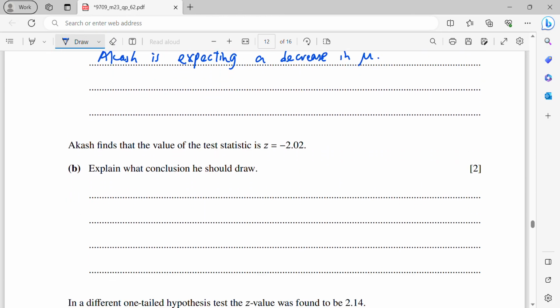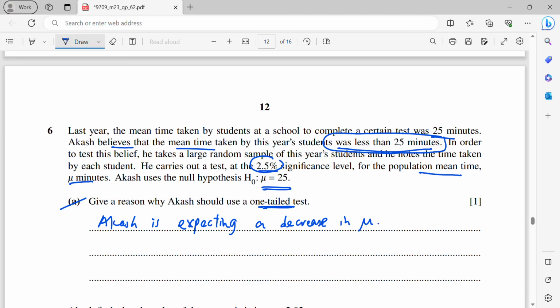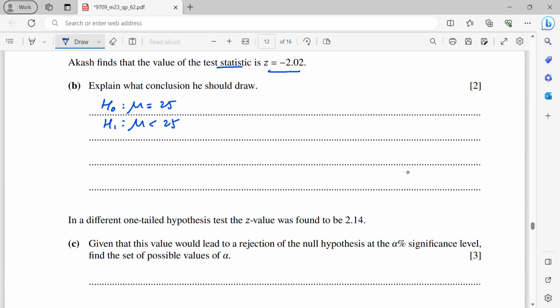Now Akash finds that the value of the test statistic is z equals to negative 2.02. Explain what conclusion he should draw. Okay, so now for this, I have to write down the H0 first. Mu equals to 25 is mentioned in the question, and he's expecting a decrease, so H1 is mu less than 25. And now it's mentioned that it is 2.5% significant level, means that your alpha is 0.025.